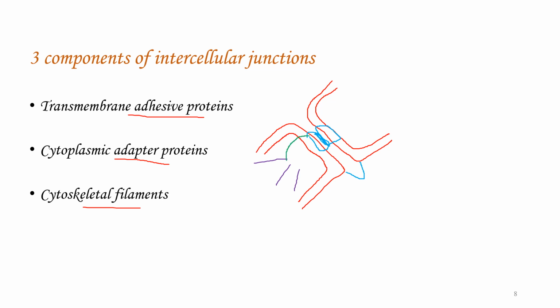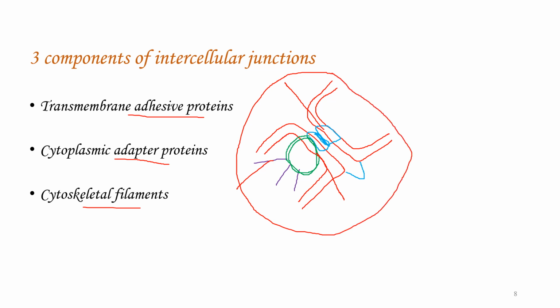So this is your cytoplasmic adapter proteins. This cytoplasmic adapter protein helps in joining your transmembrane proteins with your internal cytoskeletal filaments. So thus we have our transmembrane proteins, our cytoplasmic adapter proteins and the cytoskeletal filaments combine together and result in formation of an intercellular junction.